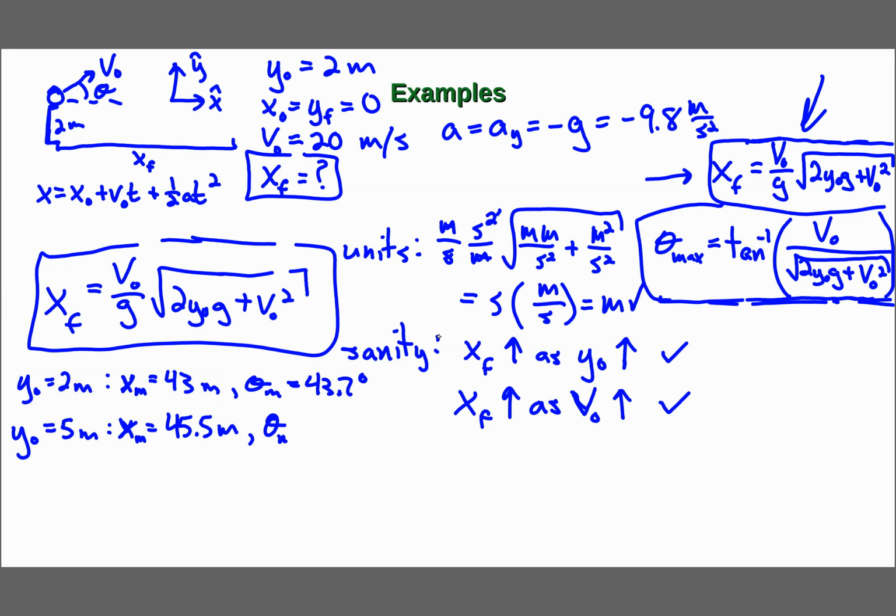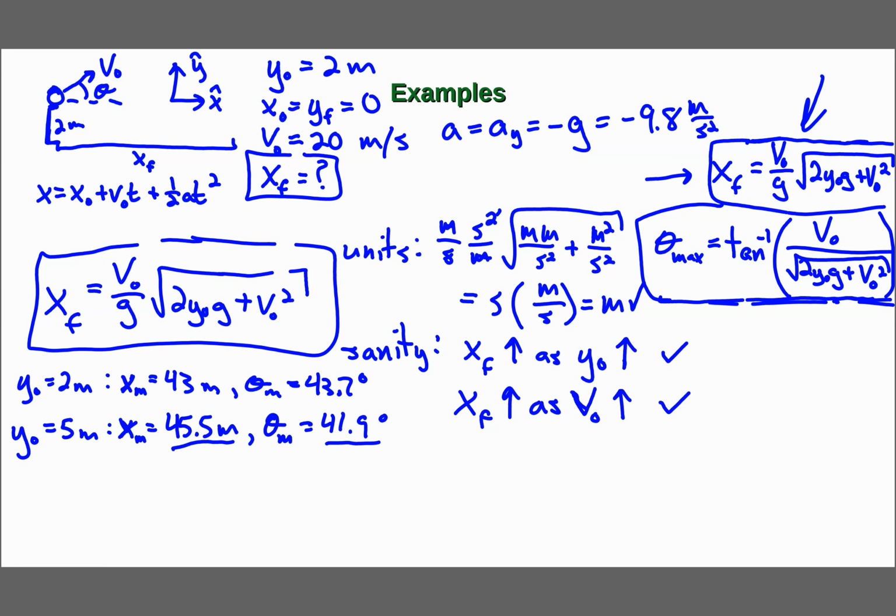And theta m is 41.9 degrees. So you can see, as I go up, I can throw it a little further, but my optimal angle gets a little bit flatter, right? And as I go up again, I can throw it again further, and the angle again gets a little flatter.